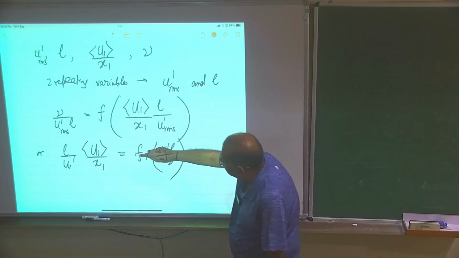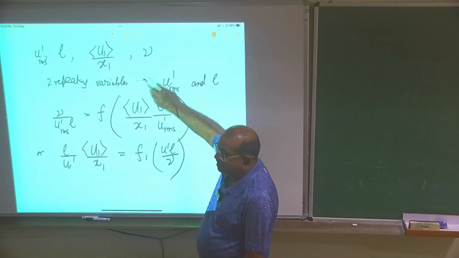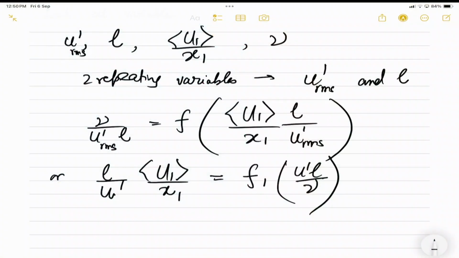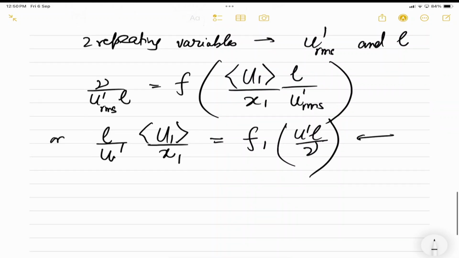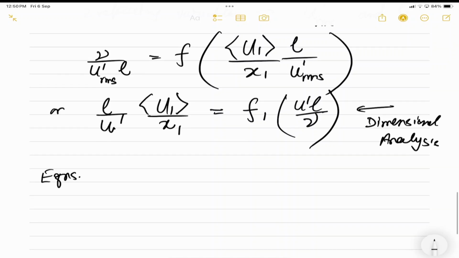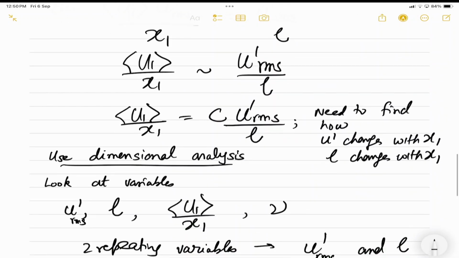Now, if I compare this statement with the first statement which we had, without dimension. So this is what dimensional analysis gives us. This comes from dimensional analysis. But our equations told us, equations say, so which is the equations are this.